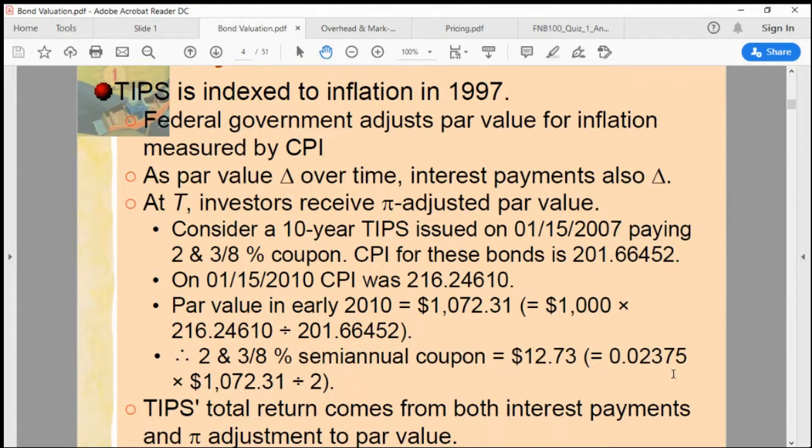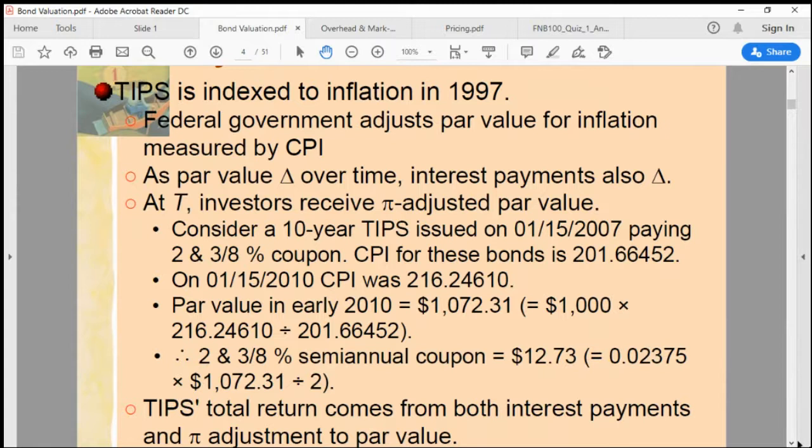But then you need to multiply that coupon rate by the adjusted par value, which is this, and that will come to 25 something. But coupons are paid semi-annually, so you divide it by 2 and it comes to 12.73.